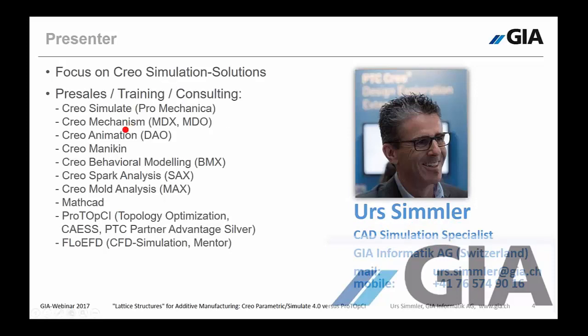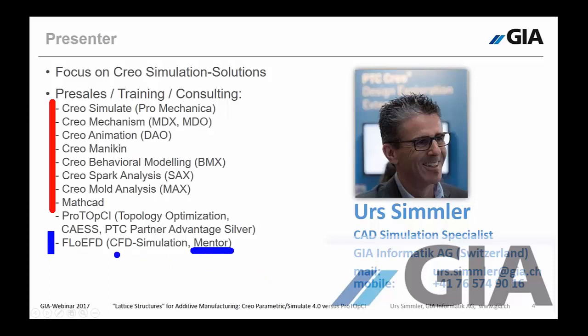The simulation tools within the PTC environment are these capabilities: Creo Simulate, Mechanism, Animation, Mannequin, BMX, and Spark Analysis extension, which is right now being substituted with a new tool. There is also Mold Analysis and MatCat. These are the PTC tools in red. And in blue, we from GIA Informatik are also a reseller of Mentor Graphics.